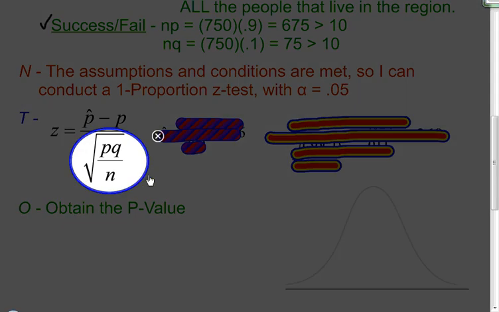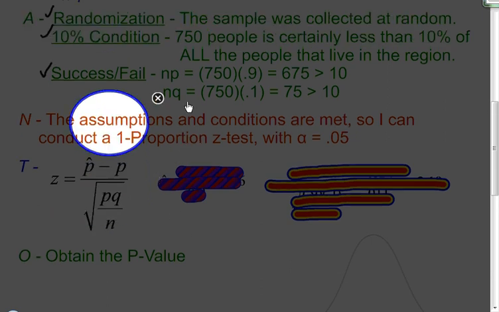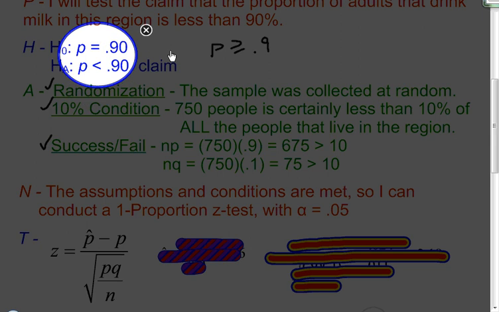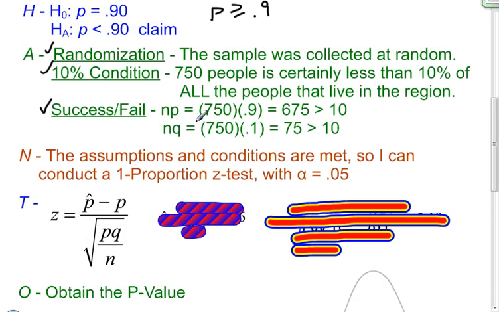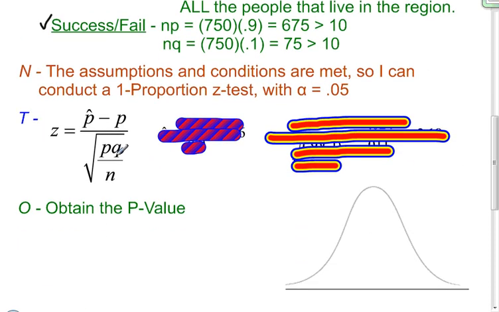And I want to point out that for the standard error for a hypothesis test, we want to use P and Q, the population parameter that was back up here in our null hypothesis, 0.9, and then Q, its complement, which would be 0.1. We do not want to use P hat or Q hat here.